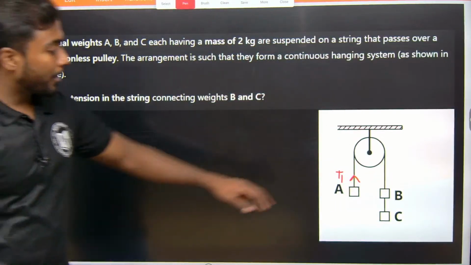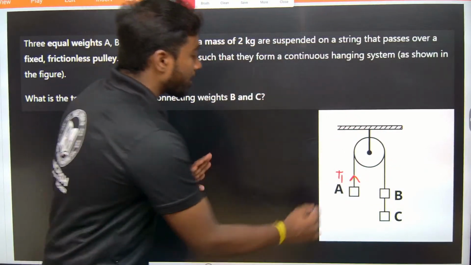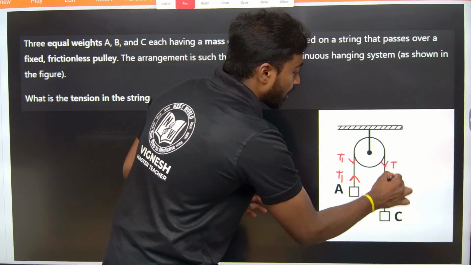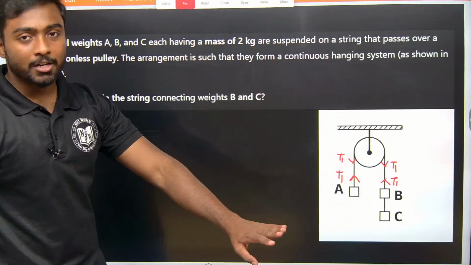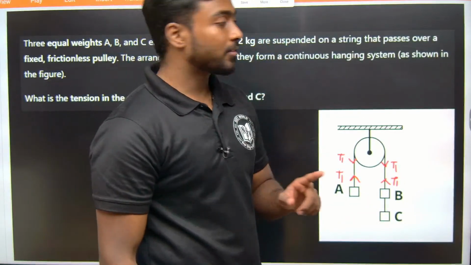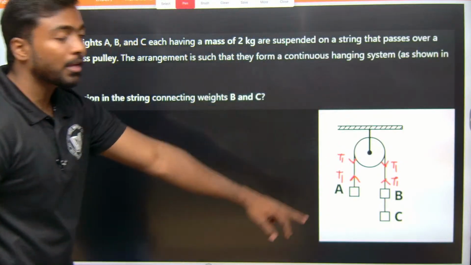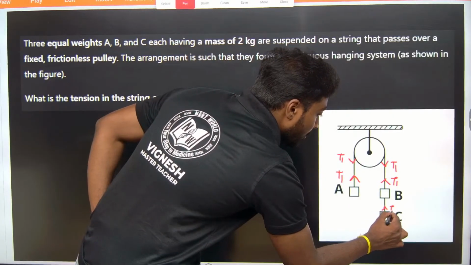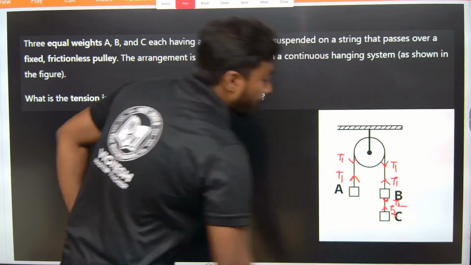Here also only T1 will be coming, this is T1, this is T1, because same rope, same tension; different rope, different tension. That is the point we should keep in mind when we are doing rope or pulley problems. So here T2, T2, that is it.